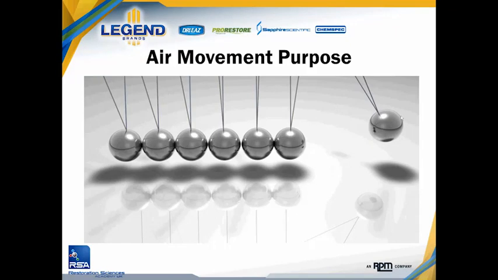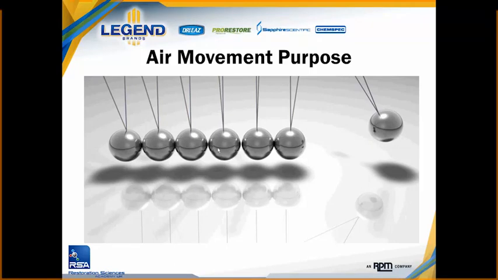When this one ball rocks in motion and comes into contact with this edge of the series, the energy is directly transferred through these balls to the opposite side, and then the farthest ball moves away from the chain. The only way that this movement is going to cause the reaction on the opposite side is if I've got contact. I have to have this ball contact this chain in order for that energy to transfer. So imagine this ball is the air movement.